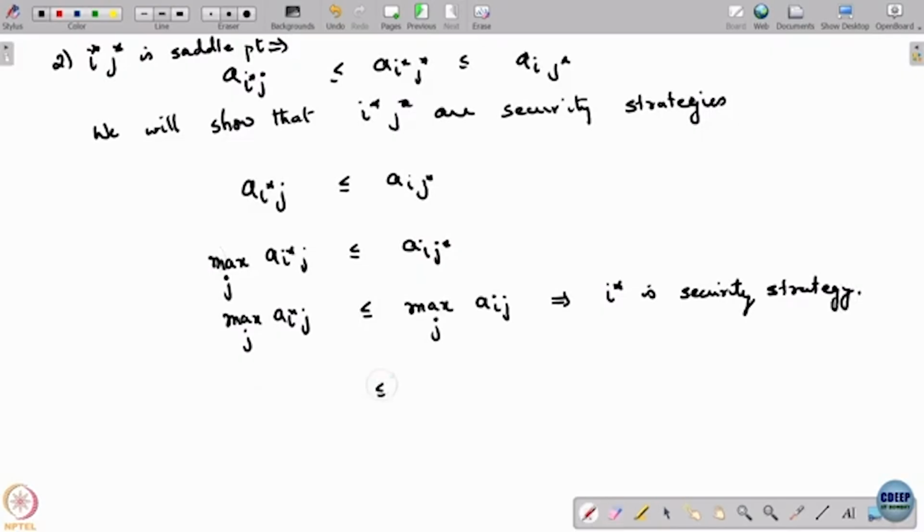From the first inequality here, the left hand side is now not a function of i, and the right hand side is a function of i.